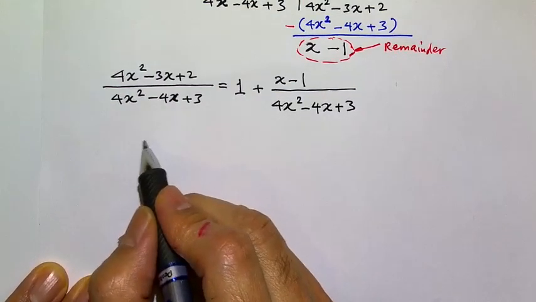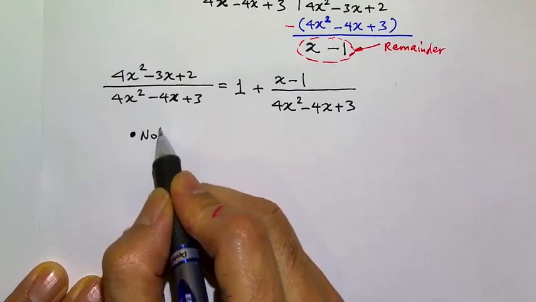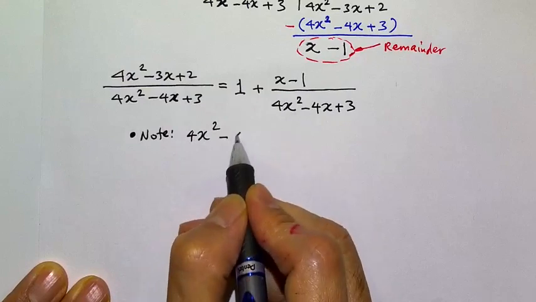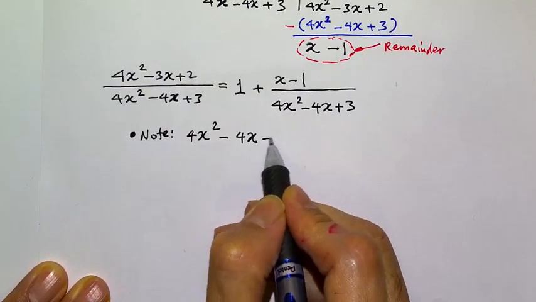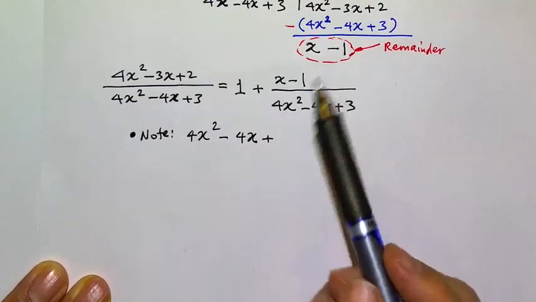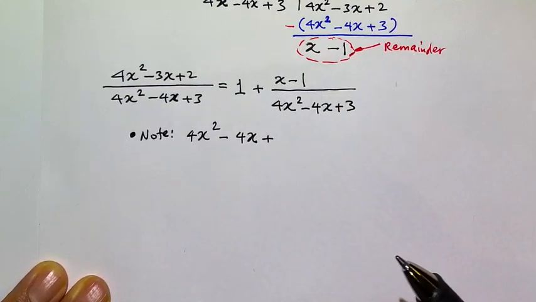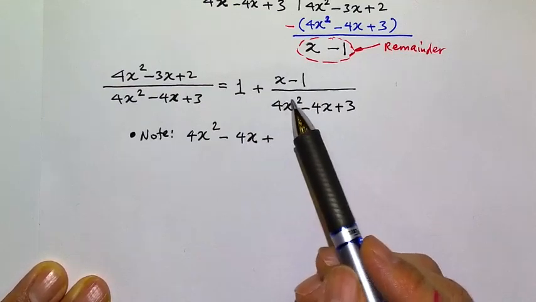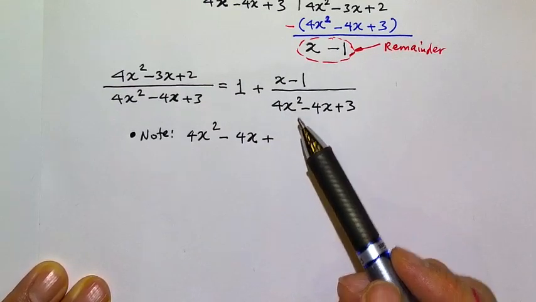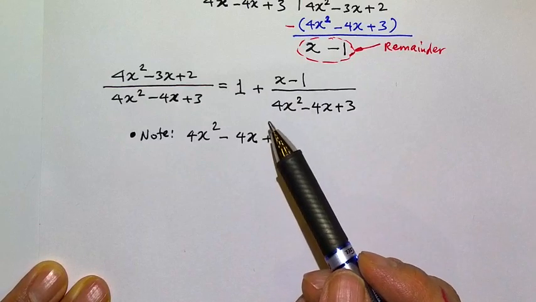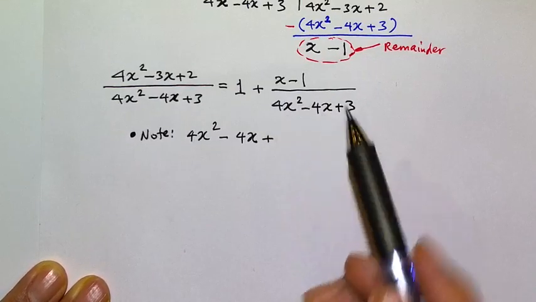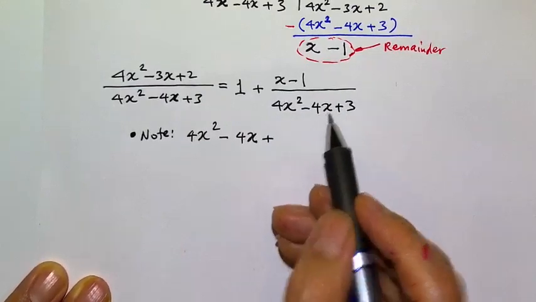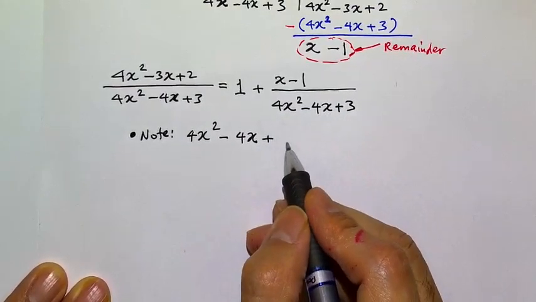And I will make a note here just so that you have it in the notes. So 4x squared minus 4x. Remember, we did the long division because the degrees of the numerator and denominator were equal, right? So we did that. We always have to do that if that happens to be the case, or the degree of the numerator is larger than the degree of the denominator. And now, after that, we still have to apply the completing the square method to this, to the denominator here.